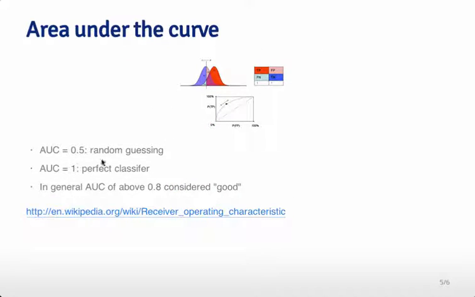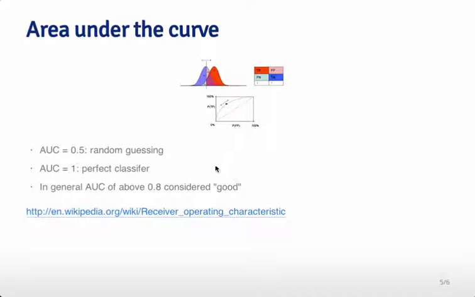And so there are some standard values that make sense to pay attention to. So if the area under the curve, or AUC, is equal to 0.5, that's equivalent to a prediction algorithm that's just on the 45-degree line, and that's equivalent to basically randomly guessing whether you're going to be a true positive or a false positive. So 0.5 is actually quite bad. Anything less than 0.5 is actually worse than random guessing, so it's worse than flipping a coin.